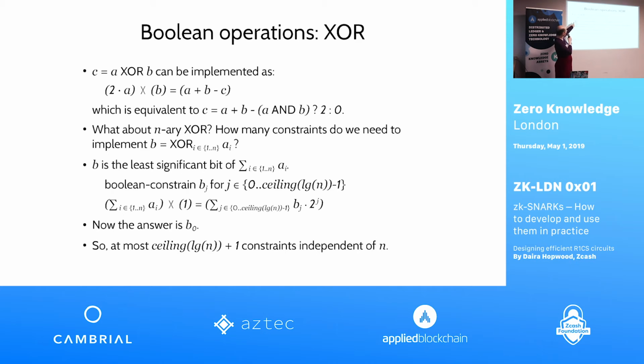Or you can try and understand what it's basically doing. So this is basically saying that exclusive OR is a bit like addition, but with a special case when both of the inputs are true.